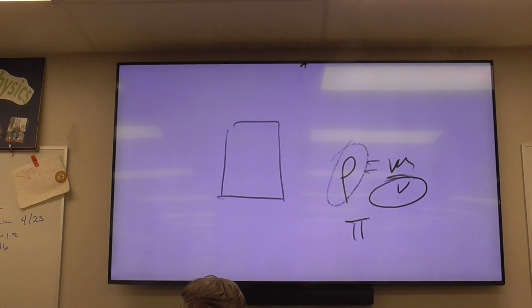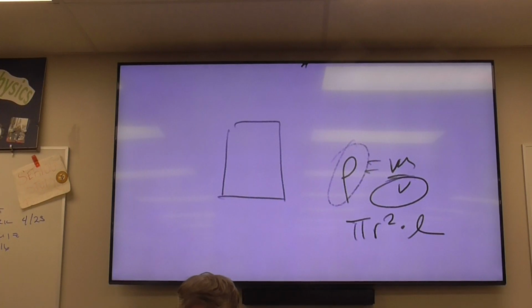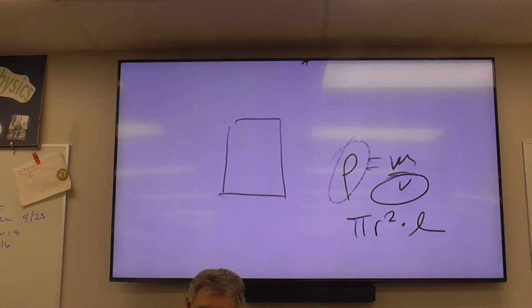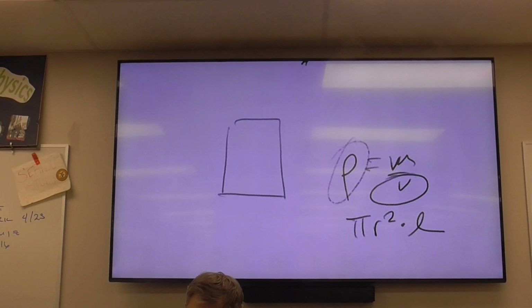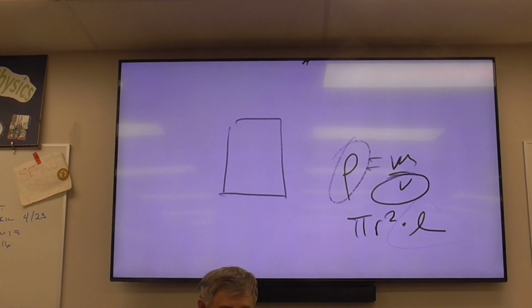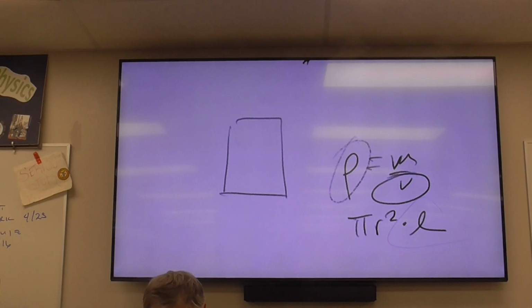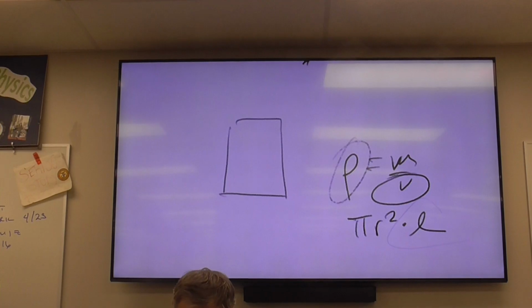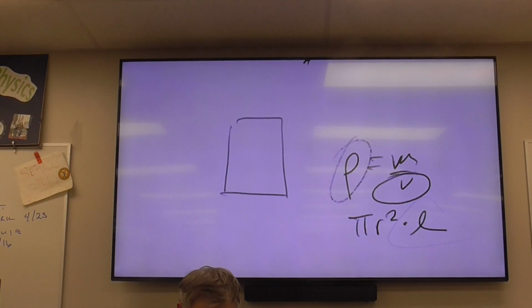That's your cross-sectional area, pi r squared, times L. But you have to use the entire length of the wire, not just 10 centimeters of it, because you have to have the entire mass. So that length needs to be 40 centimeters, not 10. If all goes well, your mass in kilograms is going to be around 0.2, maybe a little bit less. If that's wrong, everything is going to go wrong.